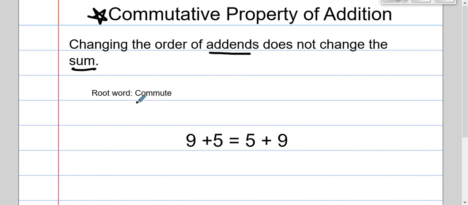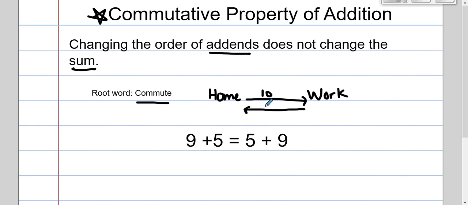The root word here is commute. When you think of commute, a commute is basically the distance that you travel from work to home or from home to work. So if here's home and here's work, and I have to travel 10 miles east to get to work, then at the end of the day when I come home I travel 10 miles west.